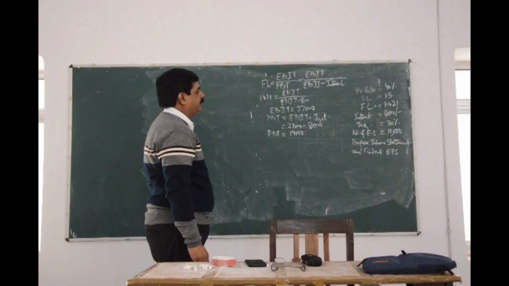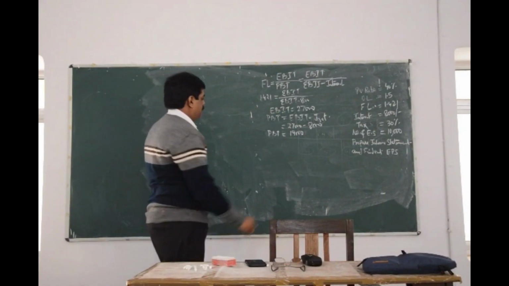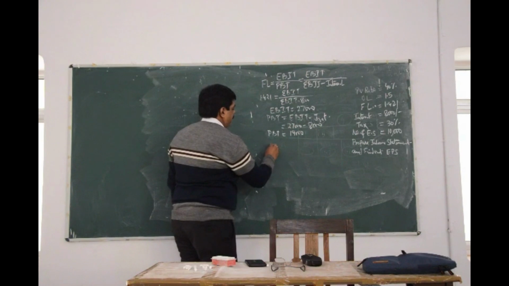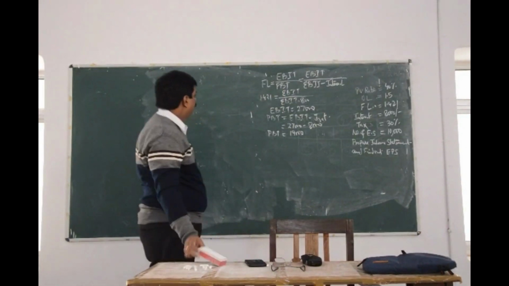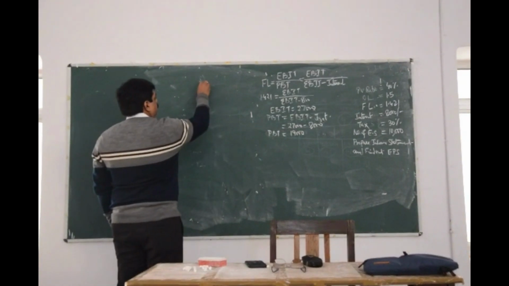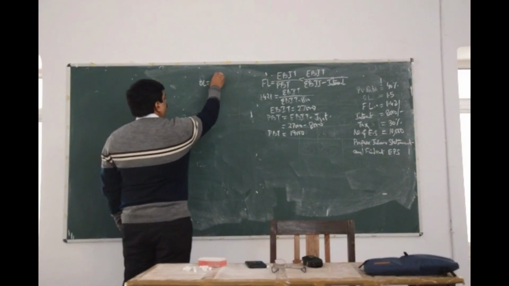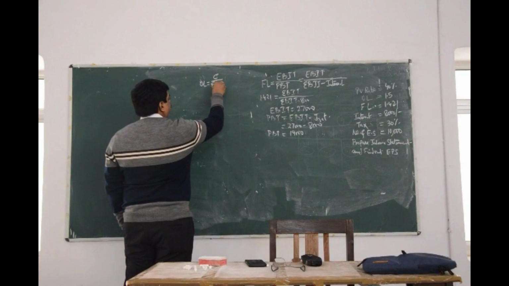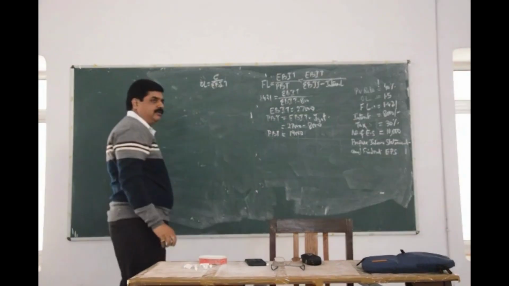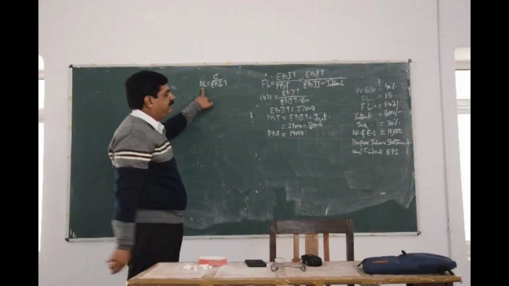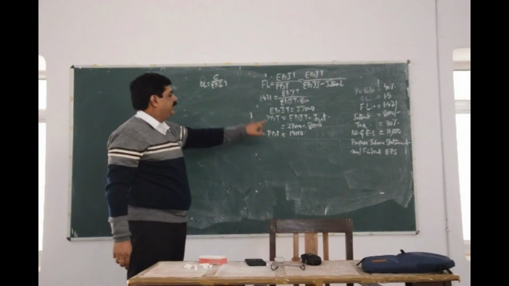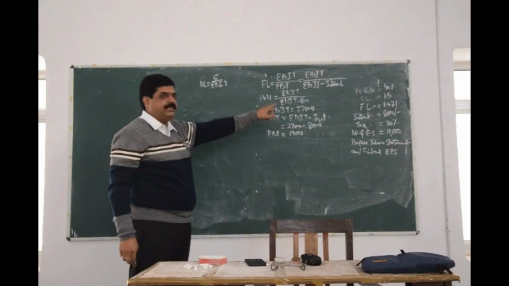Now we take operating leverage. Operating leverage is contribution upon EBIT. We are aware that operating leverage is 1.5, and EBIT is 27,000.